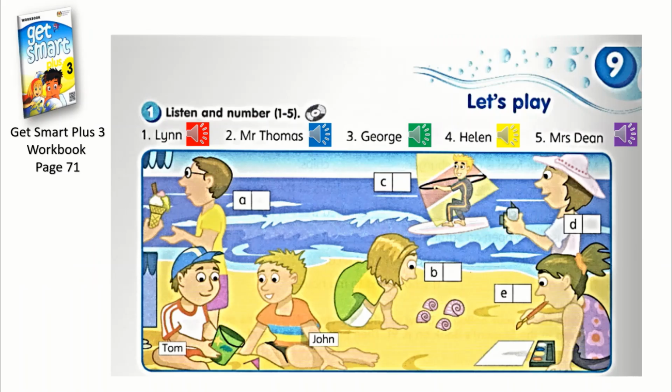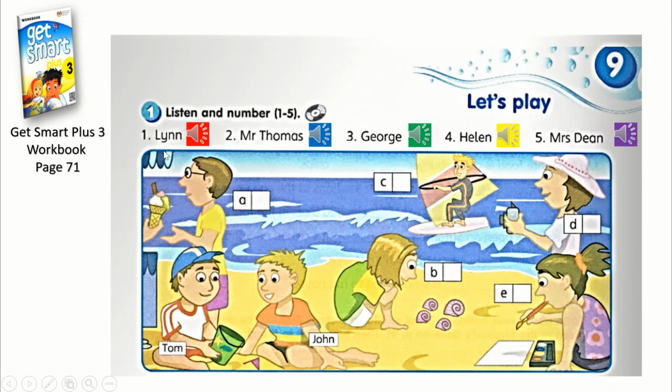Okay everyone, now let's get your Get Smart Plus 3 workbook and open to page 71. We are going to do the first activity, whereby I am going to play some audios for you to listen to, and then you need to number the people here, A, B, C, D, E. These 5 people, we don't know who is who.